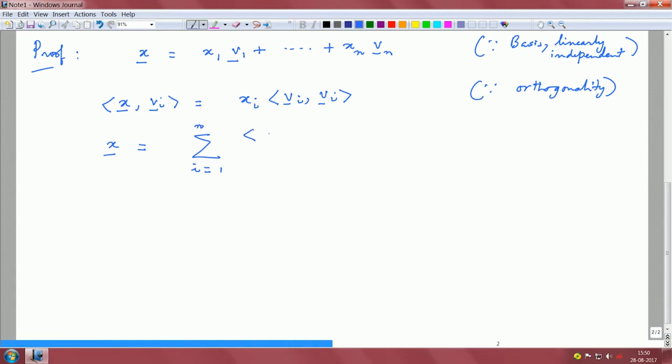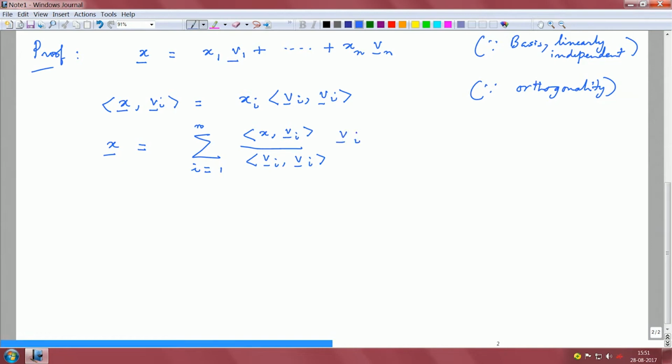So, now I want to express xi using this equation that I have. This is basically the inner product of x with vi over the inner product of vi with vi, and then in the direction of vi.